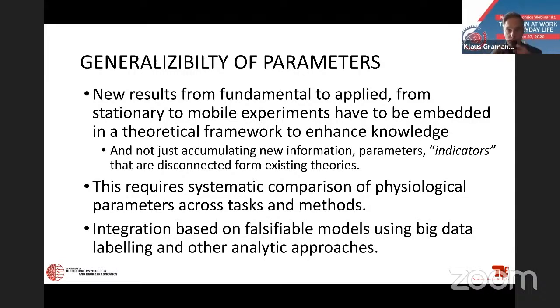Going back to research that works with theories and models where we try to falsify our assumptions and not confirm our models. And we can use different and new approaches, big data, and other analytical approaches and cross-lab collaborations to really foster new insights into the field rather than producing more and more information that is disconnected with existing knowledge.